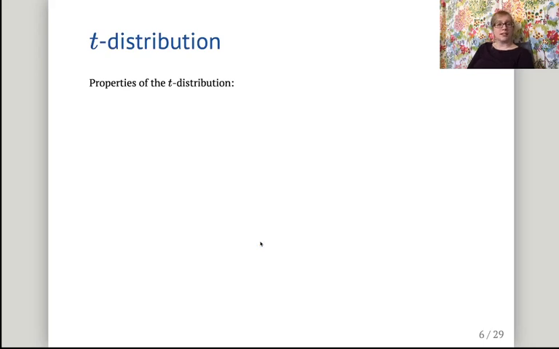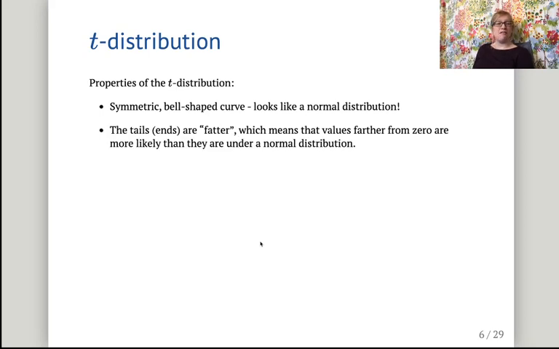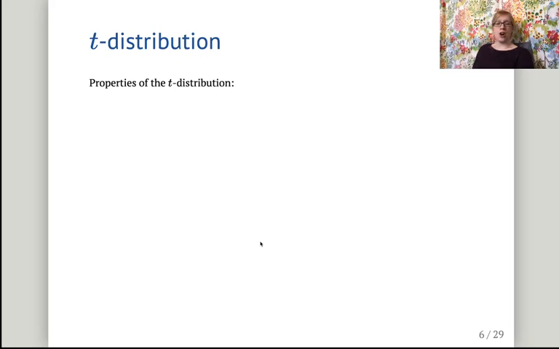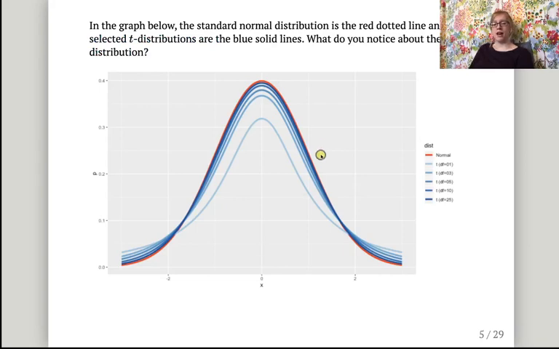There are some properties of this new t-distribution. First, it's symmetric. It's a bell-shaped curve. It's got a very similar shape to a normal distribution. It's just a bit fatter. So the ends are a bit thicker, the middle's a bit shorter. So what that tells you is that values that are farther from zero, values of t that are out here or out here, occur more often.